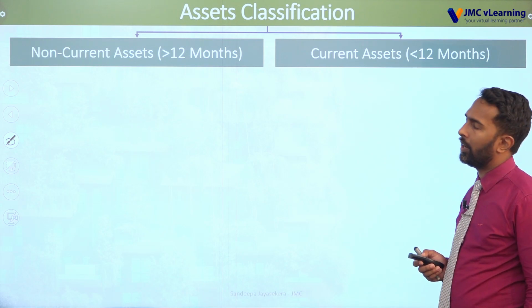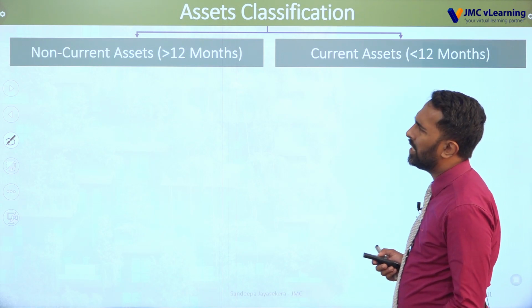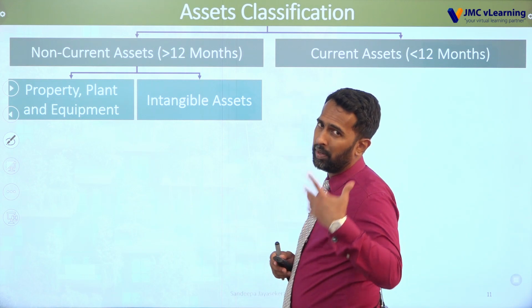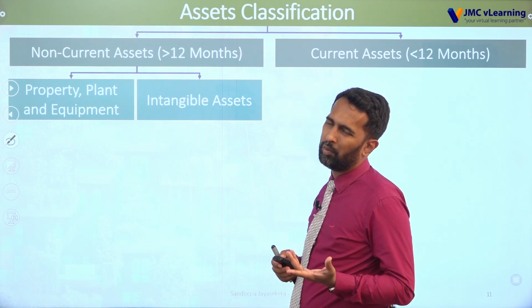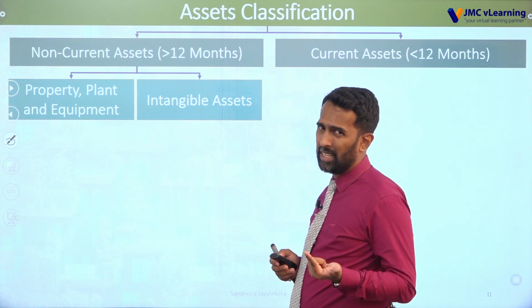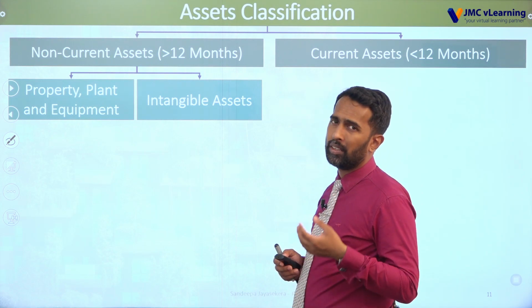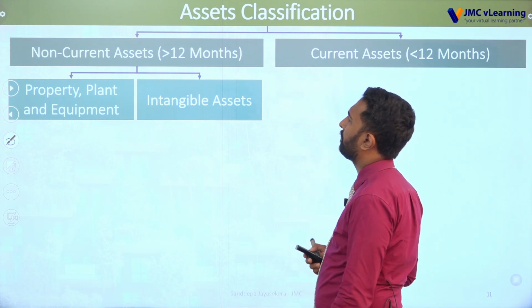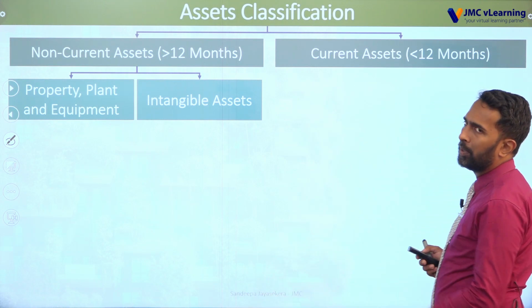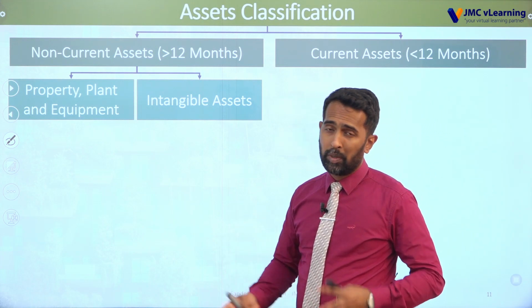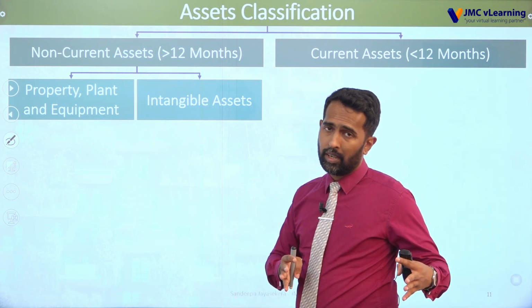Okay, right. Then even the non-current assets, there are different types. One type is the property, plant and equipment, like I told you. Property, plant and equipment include land, building, motor vehicles, then furniture, equipment, fittings, like that. Then there are intangible assets. Now these are tangible, no? Land you can see and touch, building you can see and touch, right?